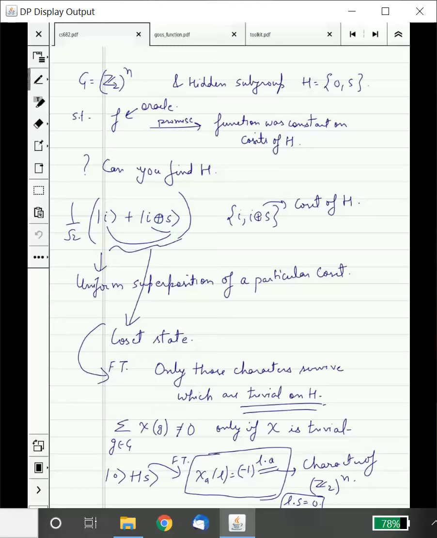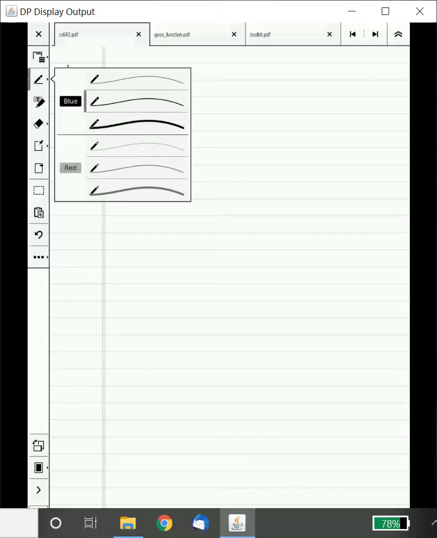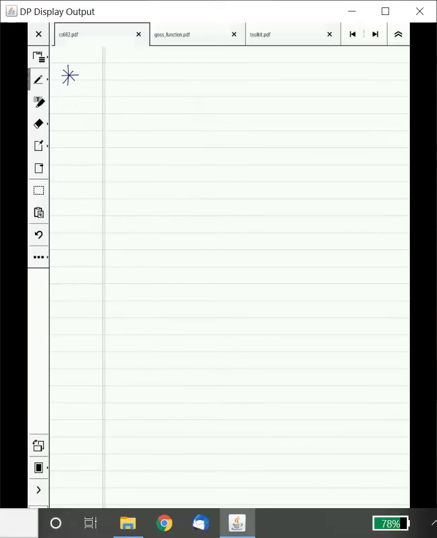Since we are taking the Fourier transform, this also tells you why we took the Fourier transform. Given a coset state, the Fourier transform will put it into characters which are trivial on the subgroup. Let me write this important property, that the Fourier transform on a coset state will only give characters which are trivial on H, which are trivial on the subgroup.